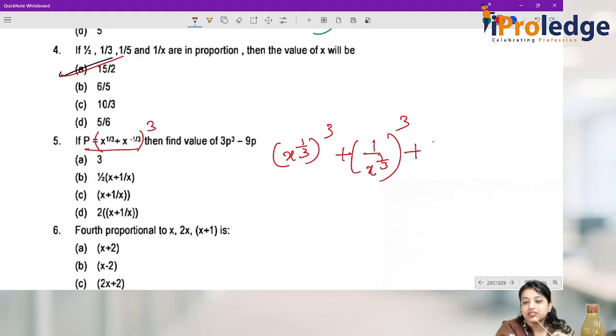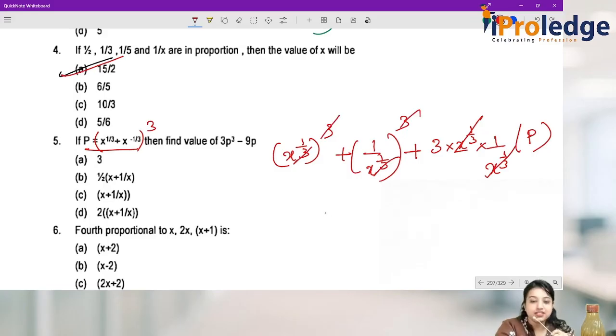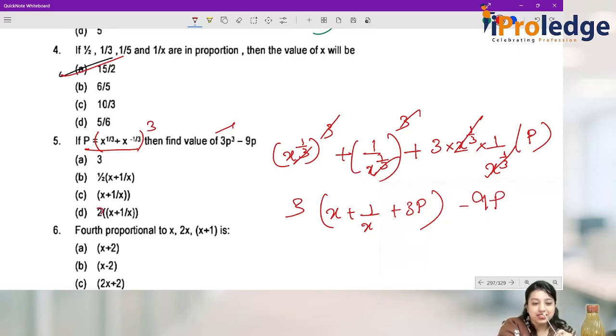Plus 3 into x to the power of 1 by 3 into 1 by x to the power of 1 by 3 into a plus b will be again b. This cancel, 3 cancel, 3 cancel. So it is x plus 1 by x plus 3b. This is b cube, you have to multiply 3 minus 9b.